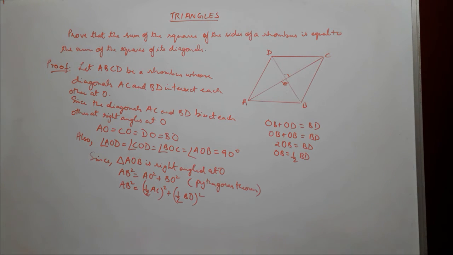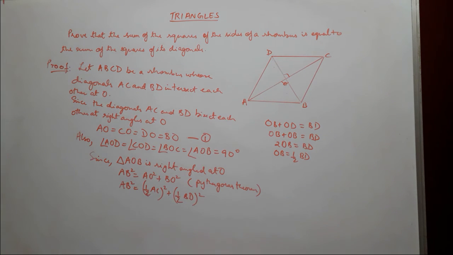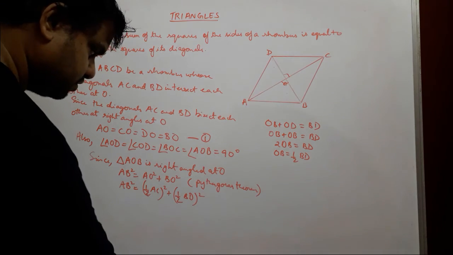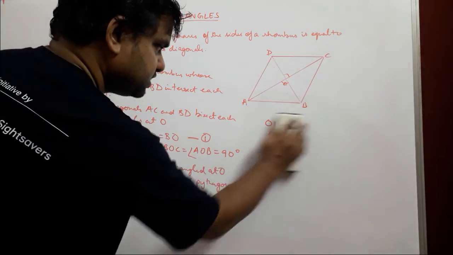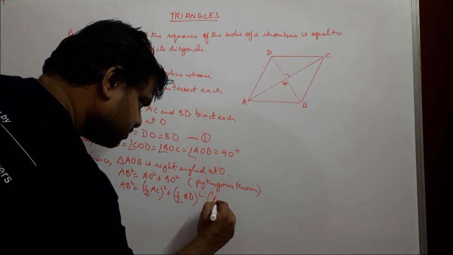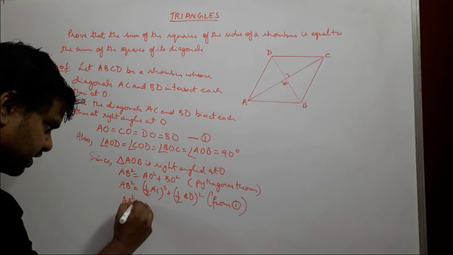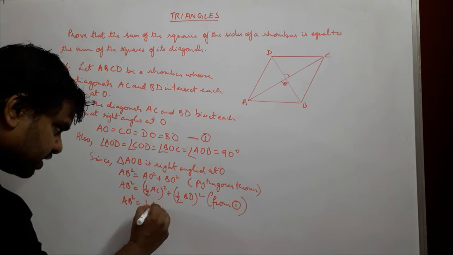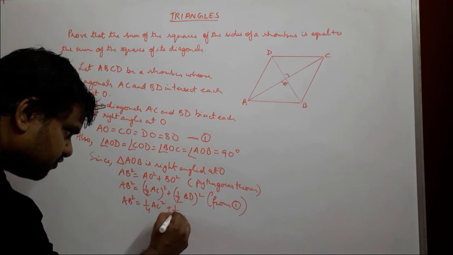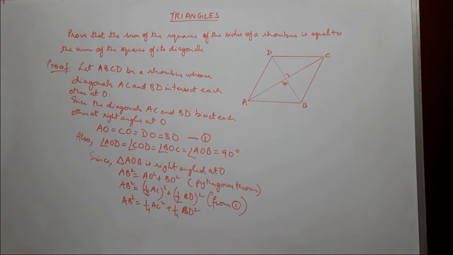So if we put over here as 1, we can say from 1 over here, I'll just cancel this out. We can put over here from 1, AB square is equal to 1 by 4 AC square plus 1 by 4 BD square. Okay.